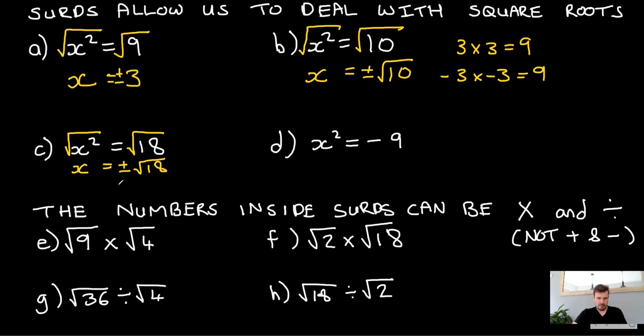Well, this root 18 can be written as root 2 times 9, or we can write it as just root 2 times root 9. And so your calculator says, well, I can get the square root of 9. The square root of 9 is 3, and so it'll end up giving you the answer as 3 root 2.